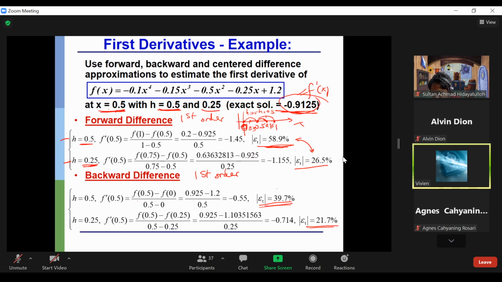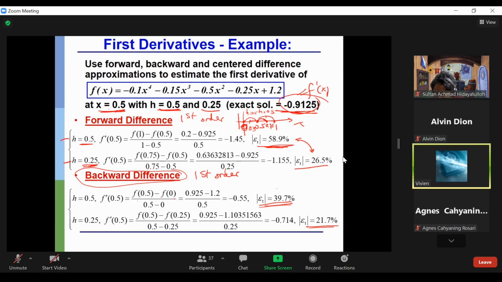So for this case, backward difference is more suitable, giving less error compared to the forward scheme. This is not always the case; in other cases forward difference can give a better approximation. But for this curve, backward difference is superior.